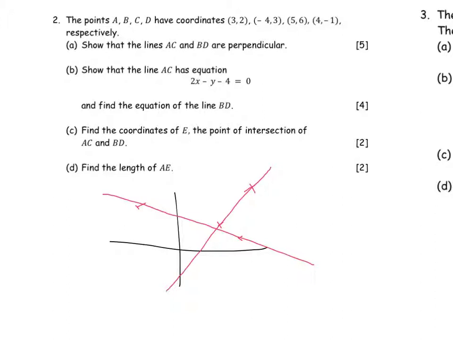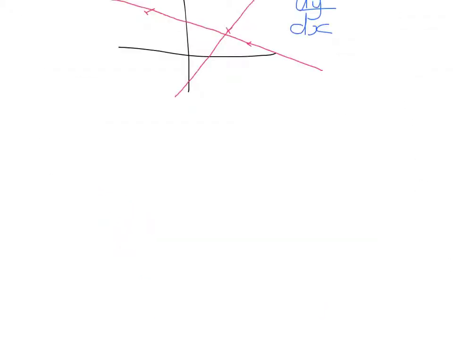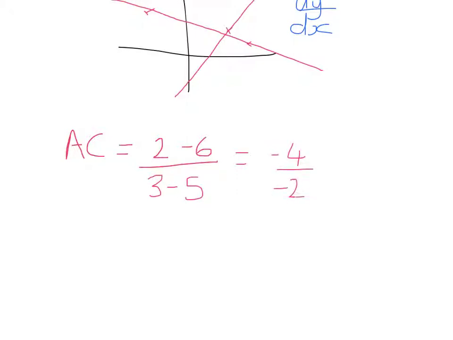So what I need to do now is do my differences in y's, divide that by my differences in x's. So for AC, that is (2 - 6) over (3 - 5), which is equal to -4 over -2, which is equal to positive 2.